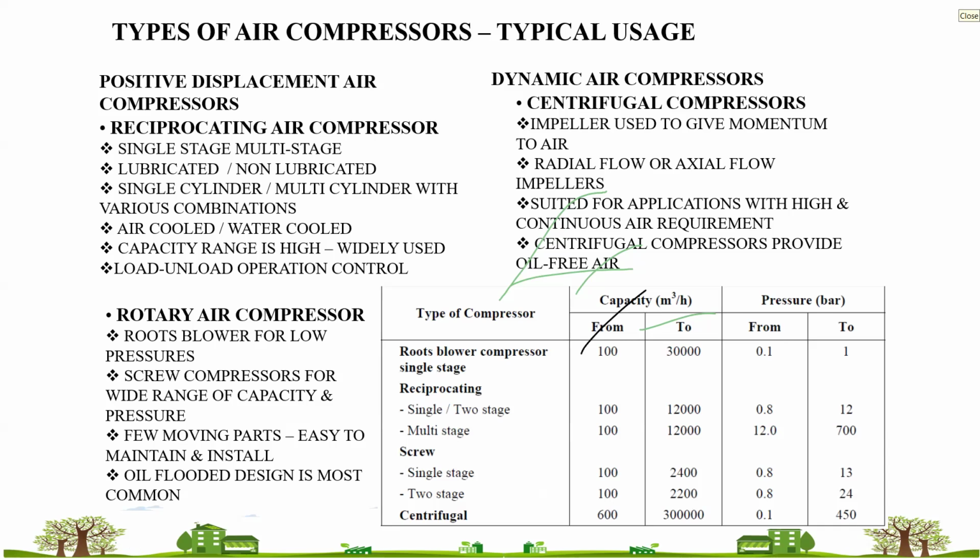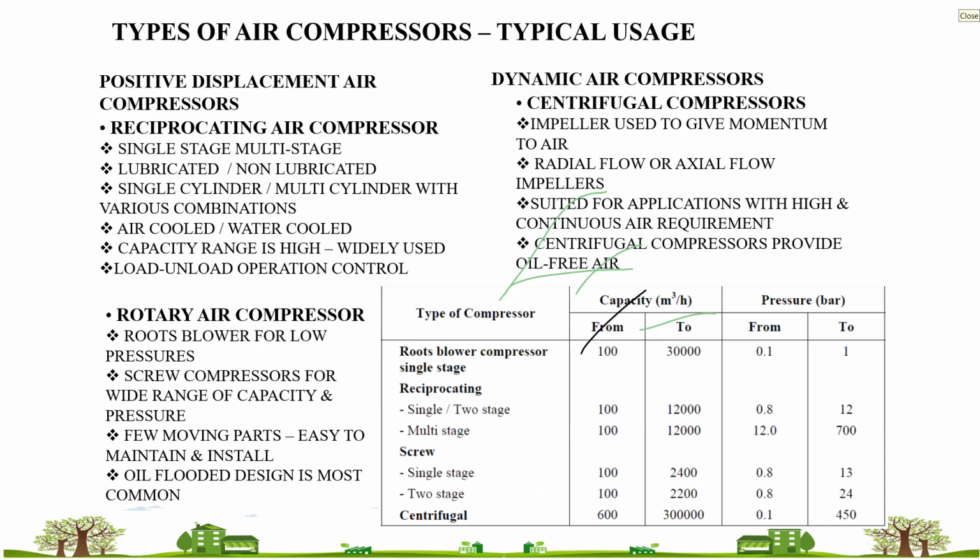Sorry, does power consumption for the air compressor depend on the CFM capacity or the pressure? Both. If your air requirement is 500 CFM and your pressure requirement is 7 bar, you will be having a 90 to 110 kilowatt motor input power.